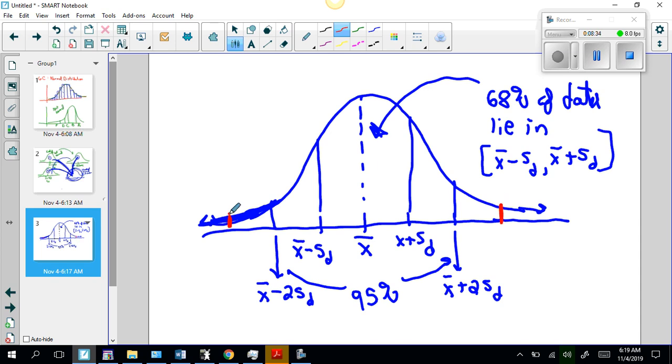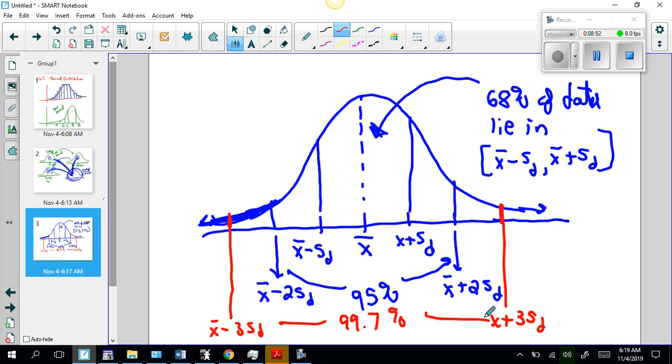And finally, x bar minus 3 standard deviations and x bar plus 3 standard deviations is the interval where 99.7% of all data lies, which is, wow, a lot of data. Don't worry about it, just trust me. 1 standard deviation away, 68%. 2, 95. 3, 99.7.